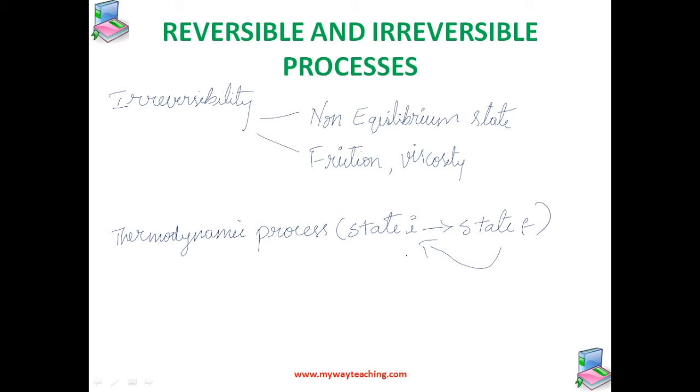A process is reversible only if it is quasi static and there are no dissipative effects. In this case, only a process can become reversible. Okay.